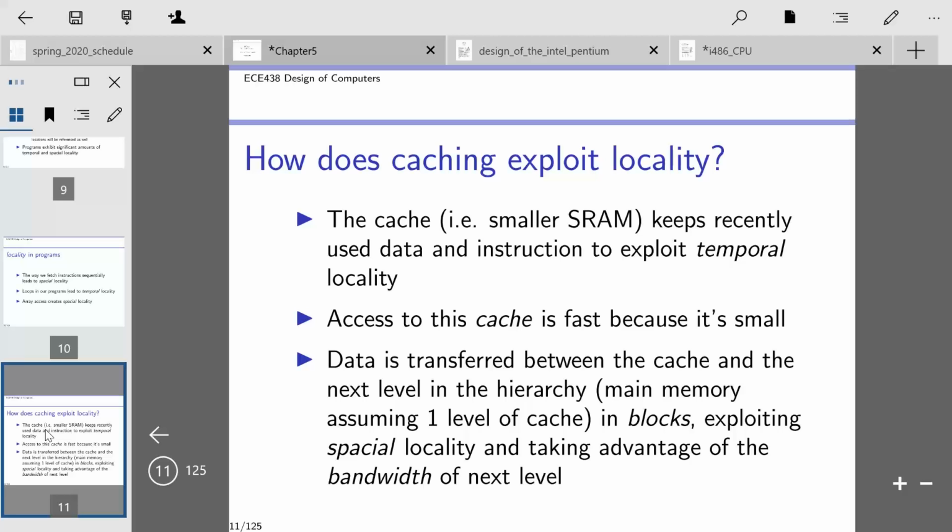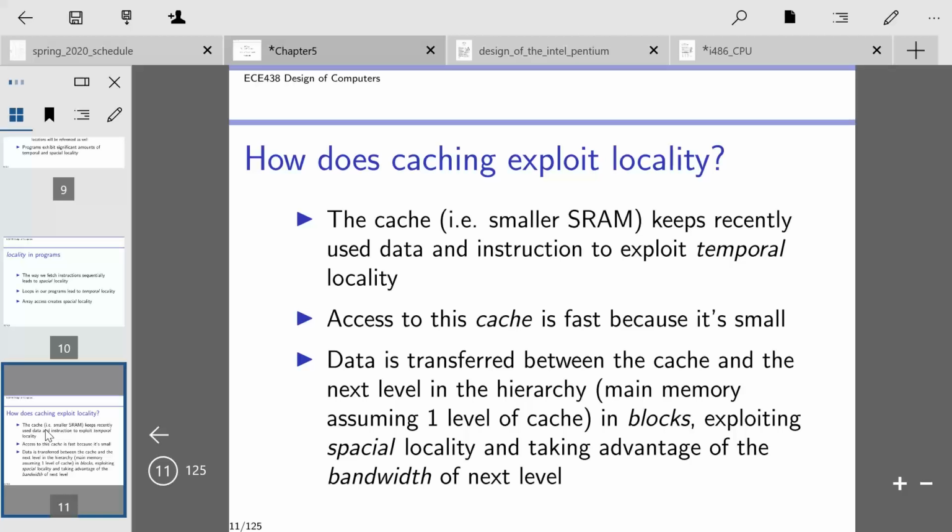That's where we exploit spatial locality, by pulling in data at this block granularity, so multiple words. When we have to go retrieve data from the next level, we don't just get the immediate data that the processor is requesting. We get a block of data which the requested data is part of.